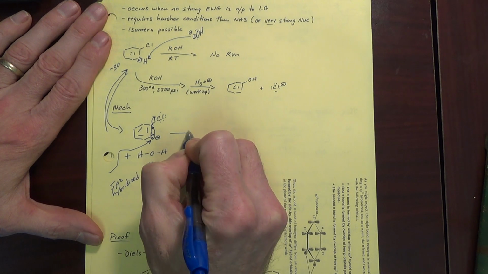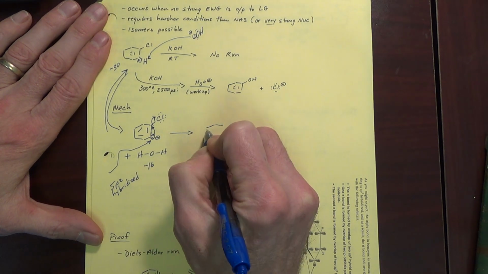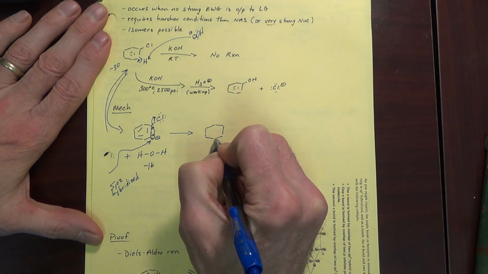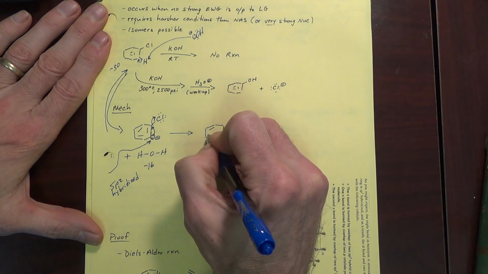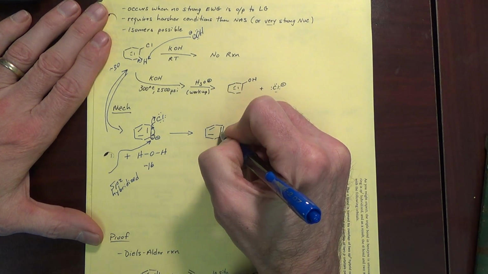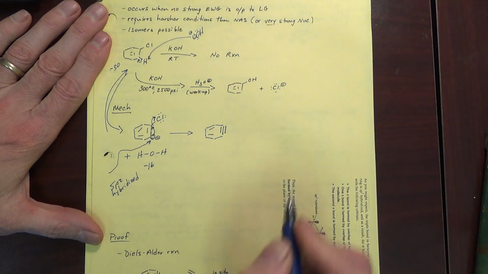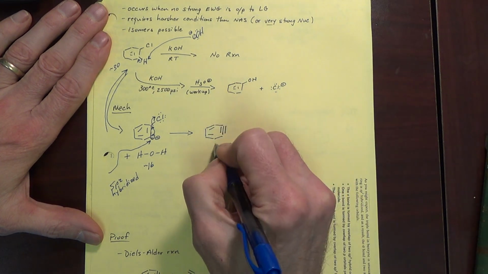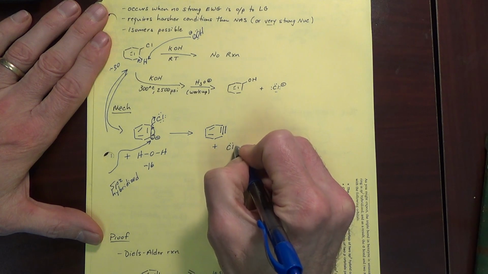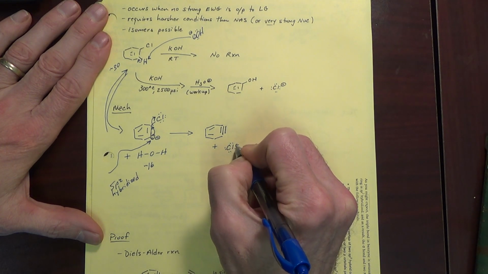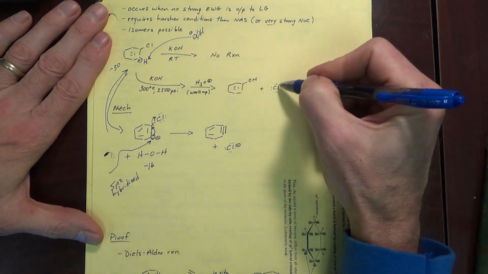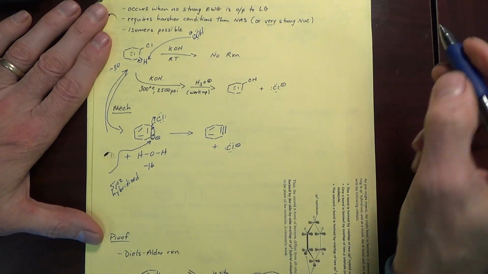And if we do that, we end up with a triple bond between the two carbons in the benzene ring, plus Cl minus. And there's the Cl minus we are going to form.